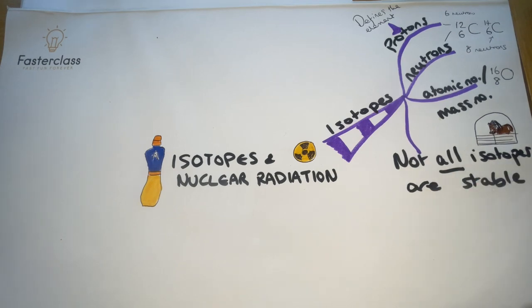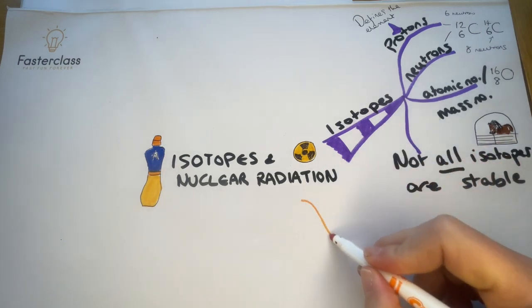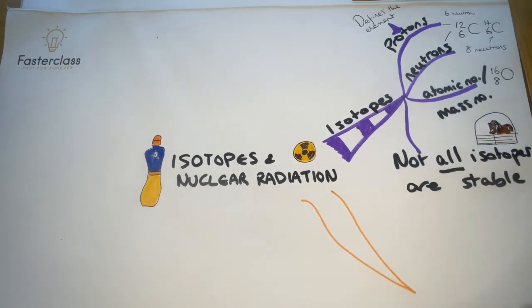Not all isotopes are stable. So that's why we're going to talk about radioactive isotopes. So let's do another branch. I think I'm just going to go with my colour scheme here. This branch is going to be called radioactivity.